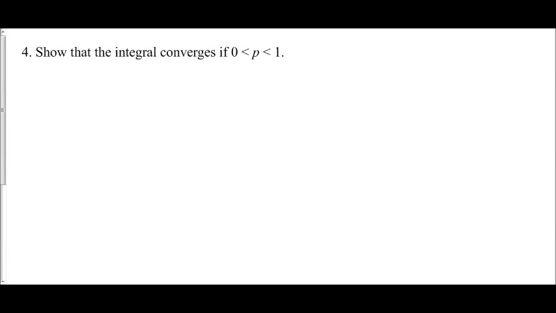So number 4 says, show that the integral converges if 0 is less than p is less than 1. So we've got our integral from 0 to 1 of 1 over x to the p dx. And this is still an improper integral, so we're going to have to introduce that limit again. So we're going to have the limit as a goes to 0 from the positive side of the integral from a to 1 of x to the minus p dx.